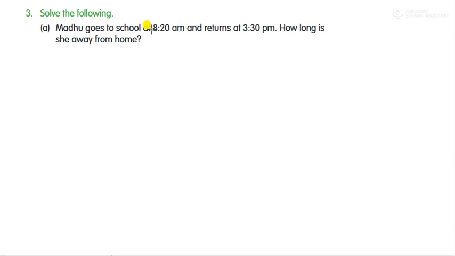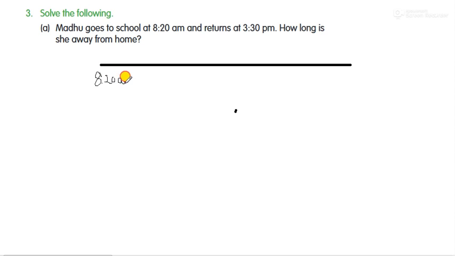Madhu goes to school at 8:20 AM and returns at 3:30 PM. How long is she away from home? So here she will start at 8:20 AM and return at 3:30 PM.